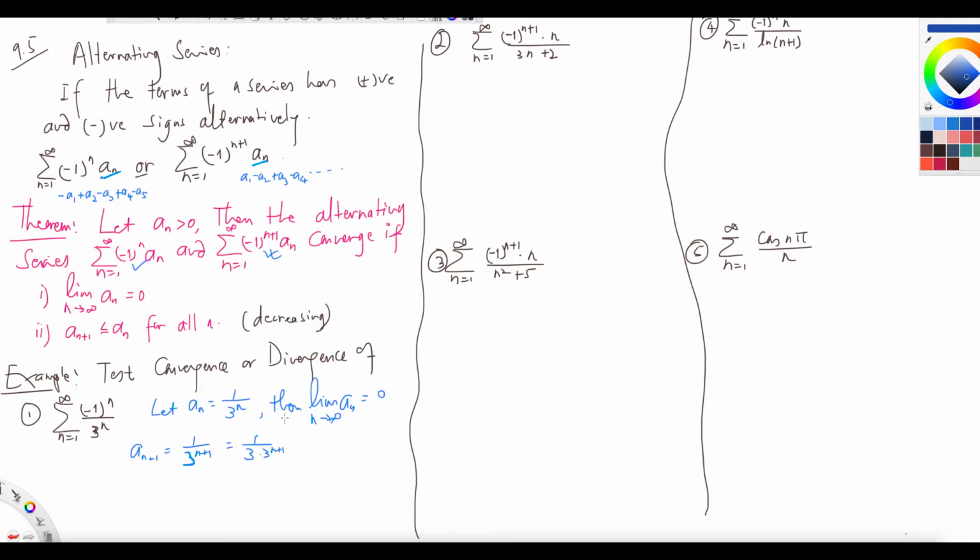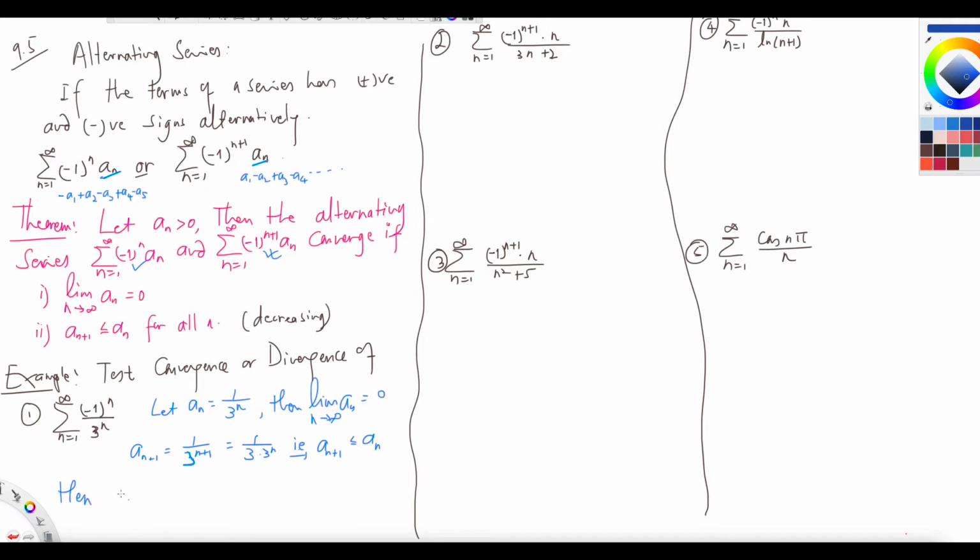So 1 over 3 to the n is the same, but a_(n+1) is one third of 1 over 3 to the n. That means a_(n+1) is less than or equal to a_n, or you can write less than a_n.